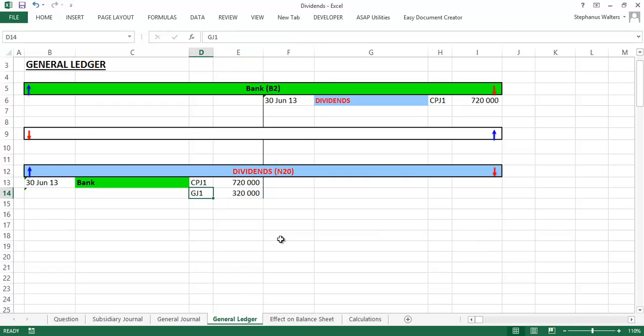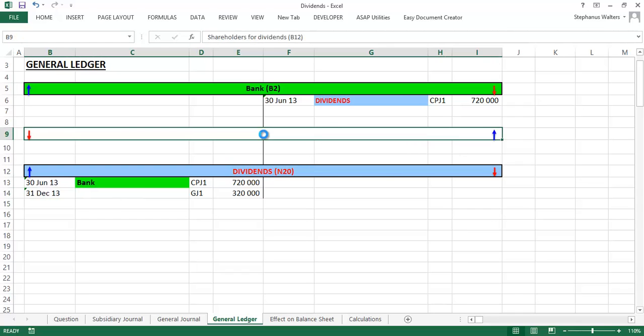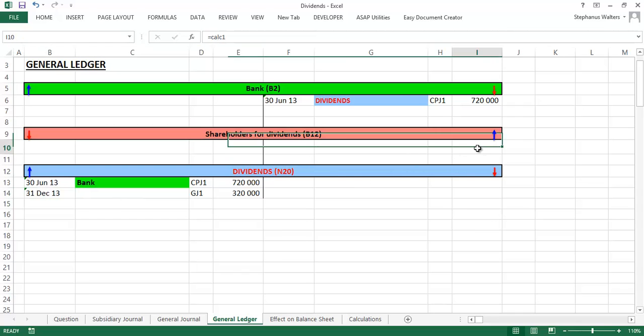This we get from our general journal. It was at the end of the year, and we are going to credit my shareholders for dividends with 320,000 Rand. So we just make this calculation 2. This was at the year end and also from the general journal.